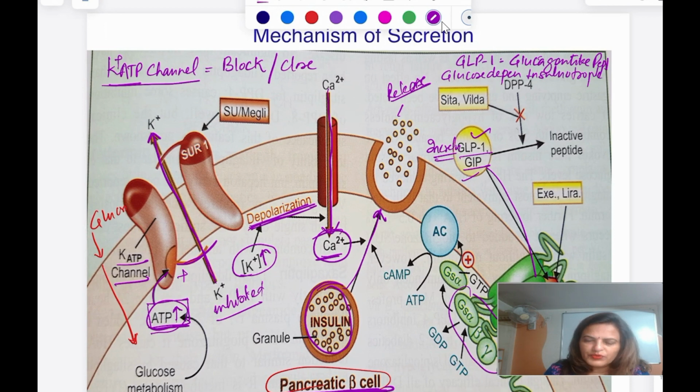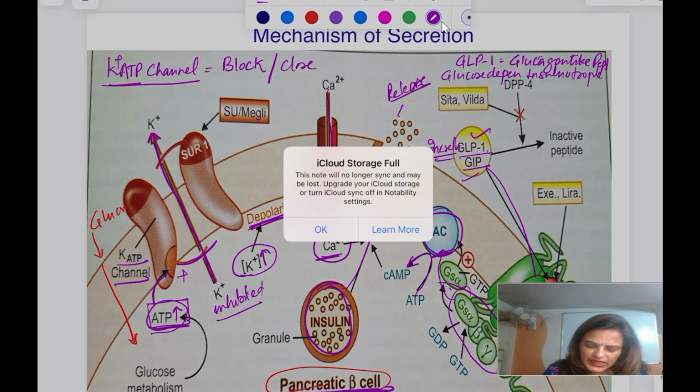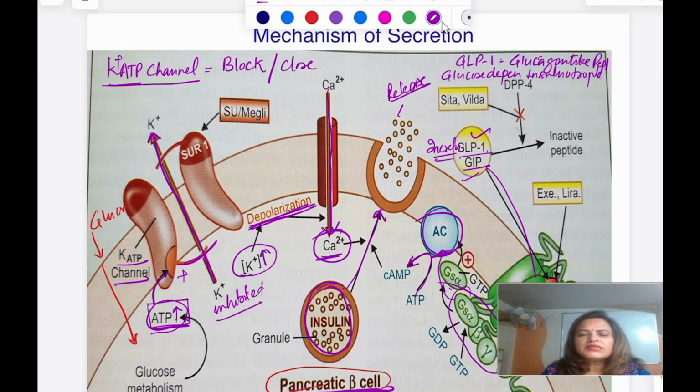They are G protein coupled receptors with the second messenger adenyl cyclase. Now this is going to stimulate adenyl cyclase, and this is going to cause the conversion of ATP into cyclic AMP. Now this cyclic AMP is again going to cause the fusion of this membrane with this, and there is a release of insulin.